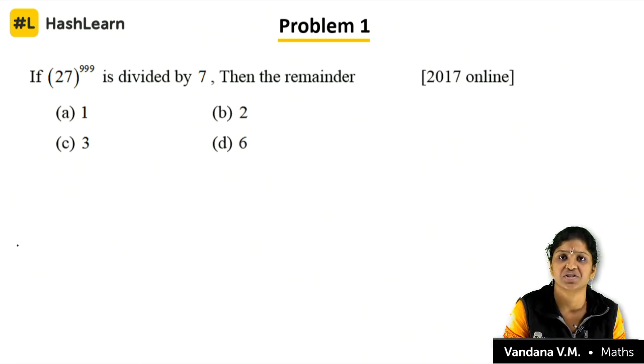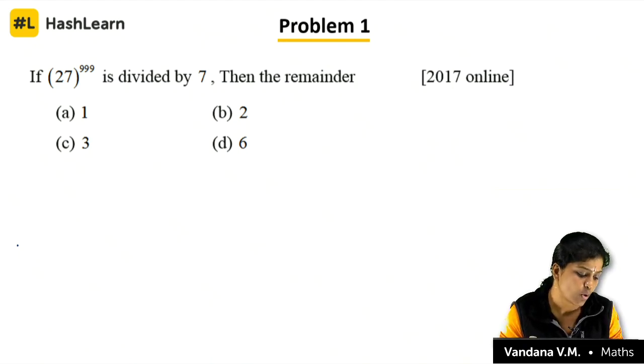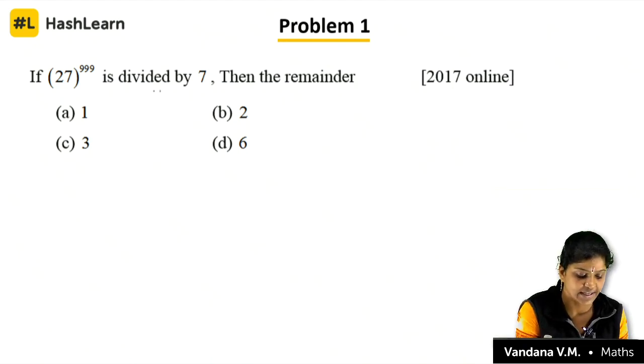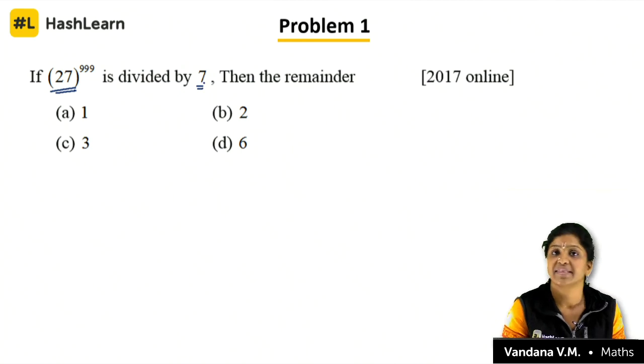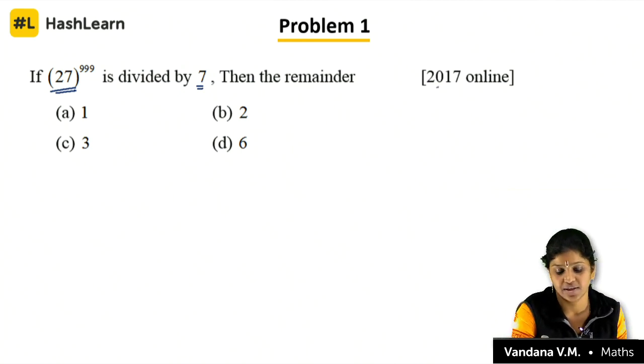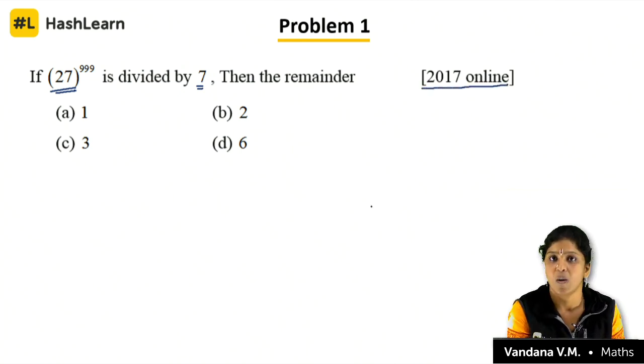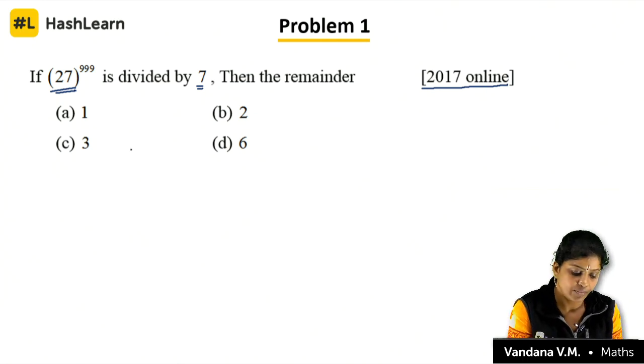A very interesting question, children. If 27^999 is divided by 7, then the remainder is, this is a 2017 online question. To find the remainder, usually we use the binomial theorem.